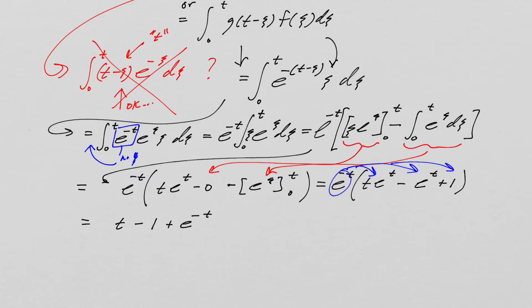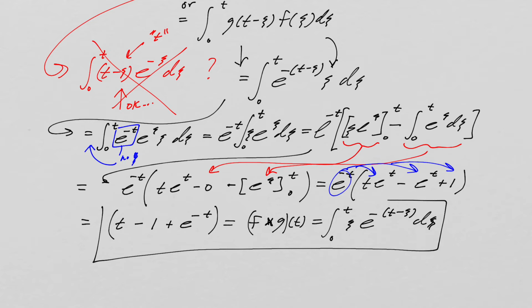Okay, so this is our new function right here, which is f convolve with g of t, or otherwise known as the integral from 0 to t of c e to the negative t minus c dc. That's our final answer for this example.